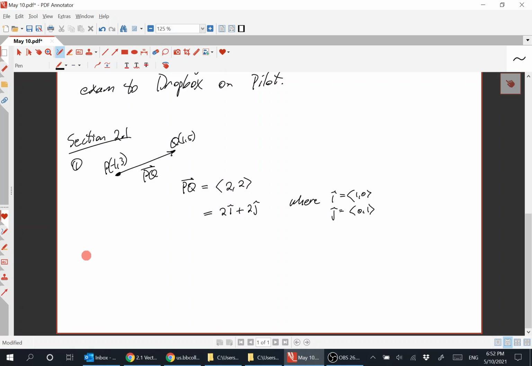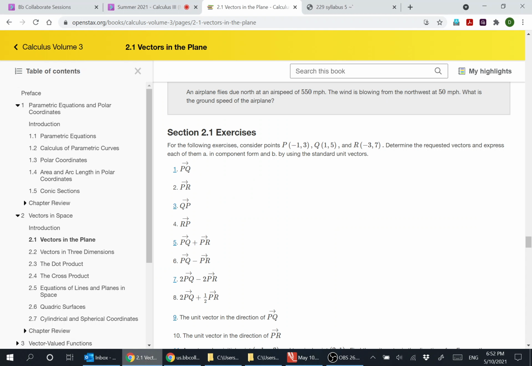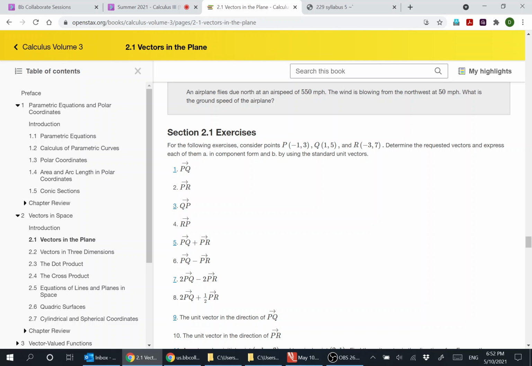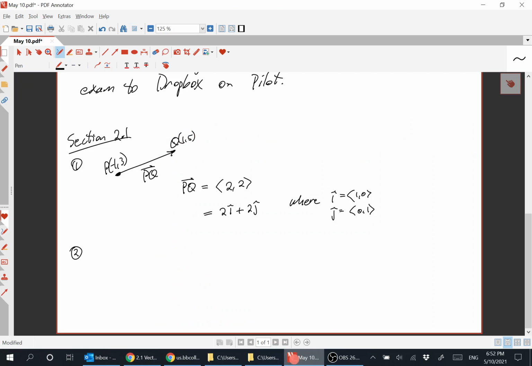Number 2, PR, same thing. So P is (-1, 3), R is (-3, 7).